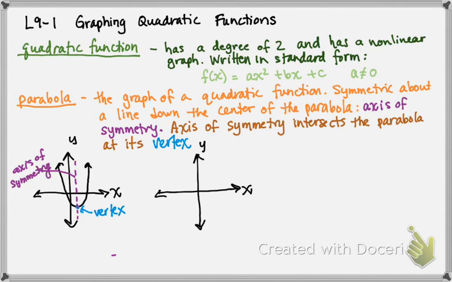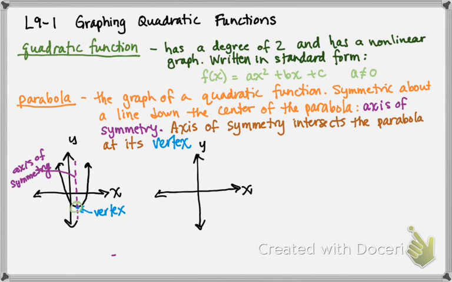And what we notice is that the axis of symmetry is going to intersect at the vertex. So we have this intersection point here.